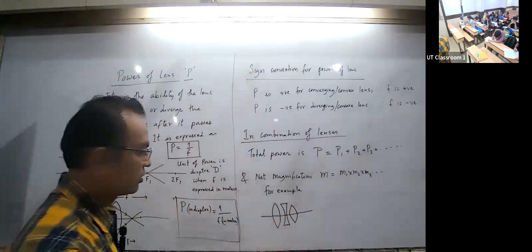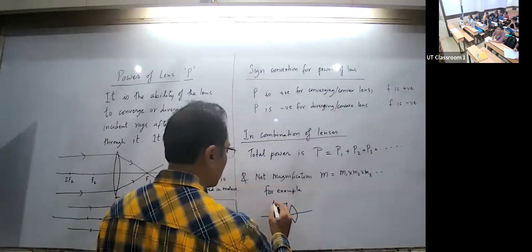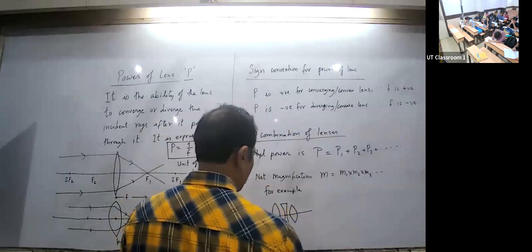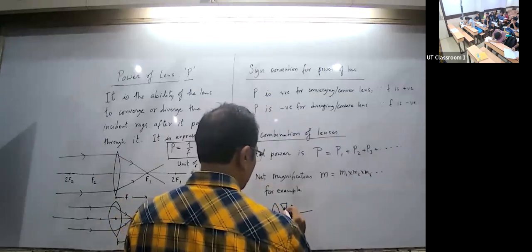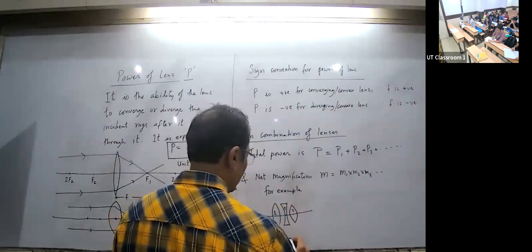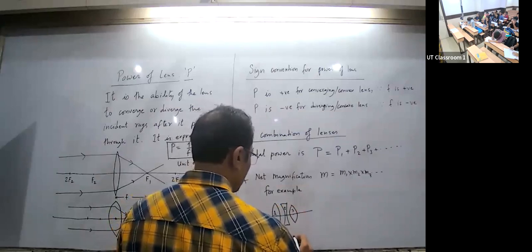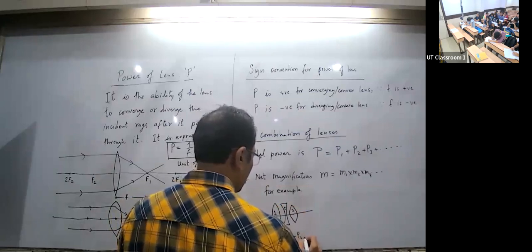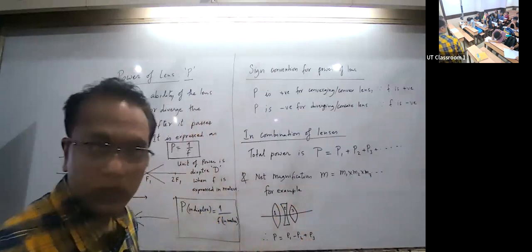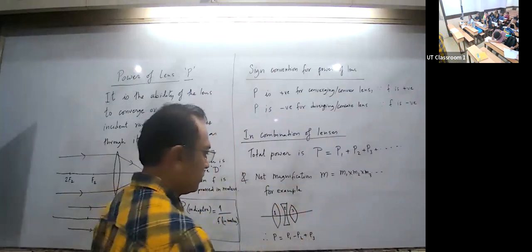Let us say this is lens 1, this is 2, this is 3. So P will be equal to P1 minus P2 plus P3 for this case, right?